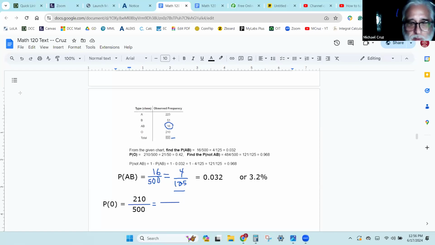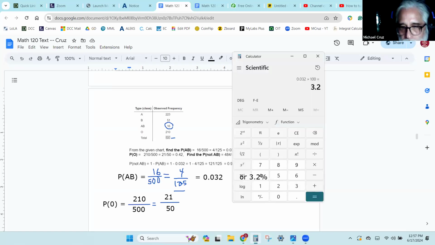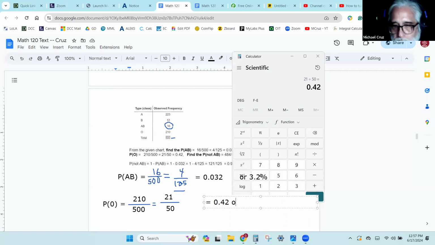And so if we divide both of those by 10, we get 21 over 50. So 42%.